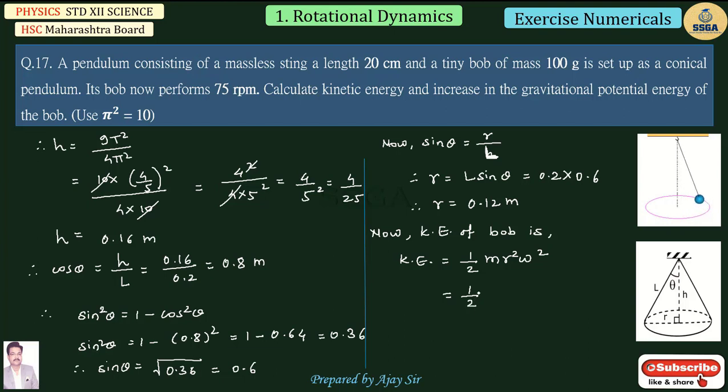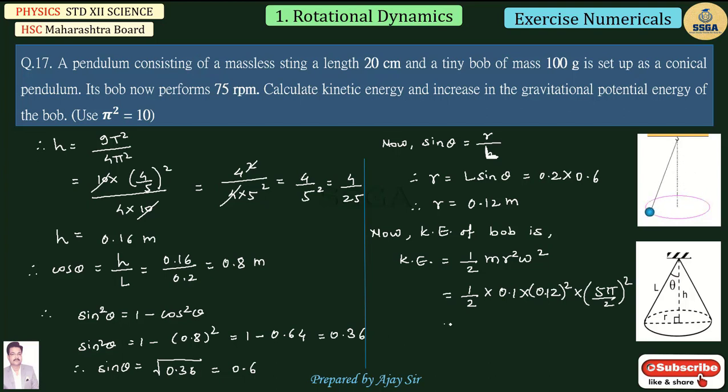So let us calculate this kinetic energy. So mass is equal to 0.1, radius just now calculated 0.12, r square, into omega, it is 5 pi by 2, square.